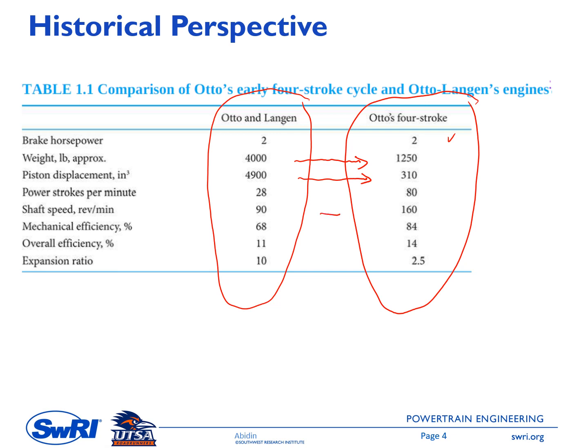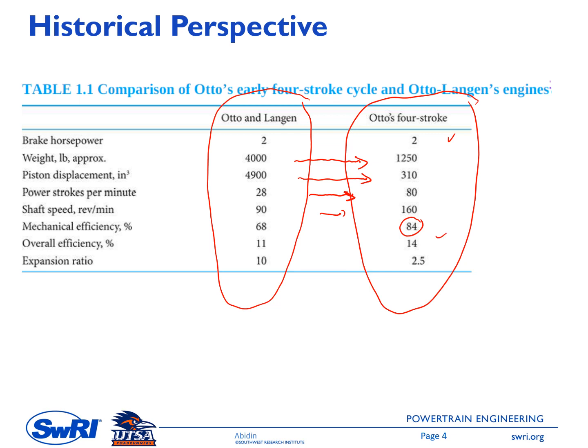And then you can see here the engine speed increases. Another interesting thing here is that on this four-stroke engine, the power strokes per minute increase. So it means Mr. Otto was able to operate this engine at a higher operating speed, and then mechanical efficiency increases from 68 to 84, and the overall efficiency increases by 3 percentage points, from 11% to 14%.